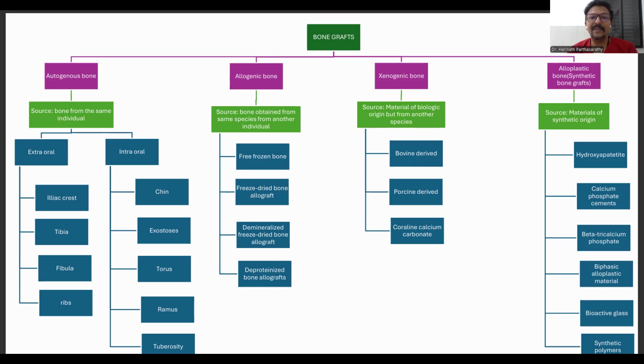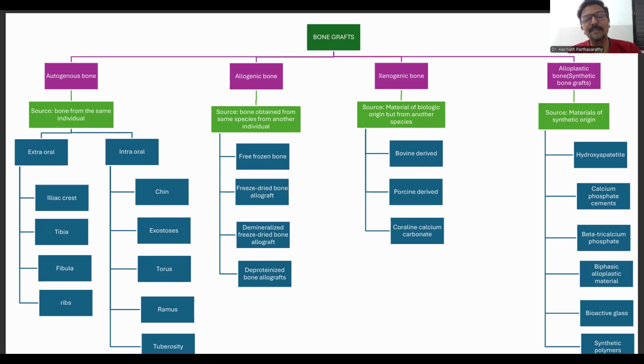There is scientific evidence that these graft materials stay up to 10 to 12 years without any resorption, which is not something we can use in our implant practice. The calcium phosphate and TCPs are very fast resorbing materials.